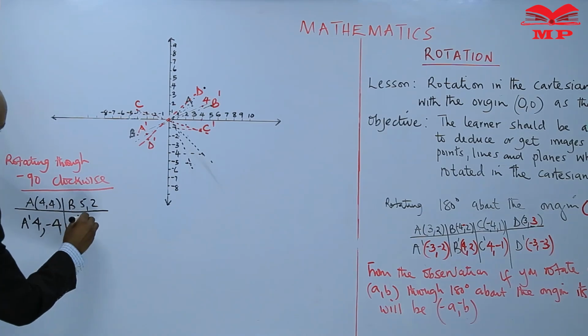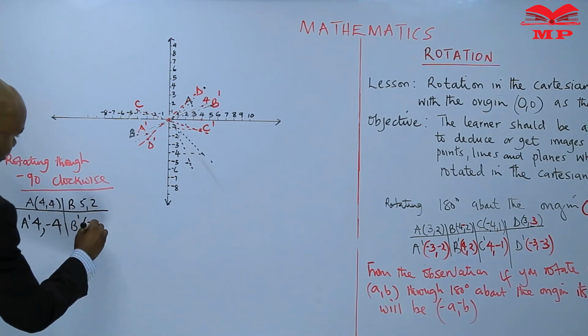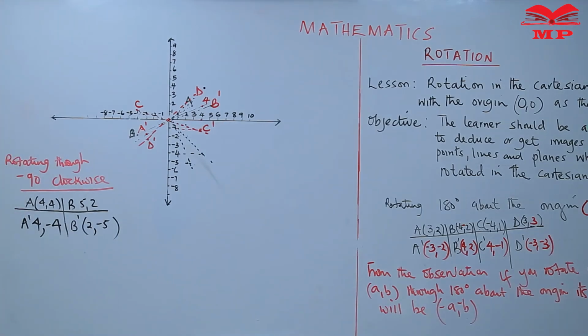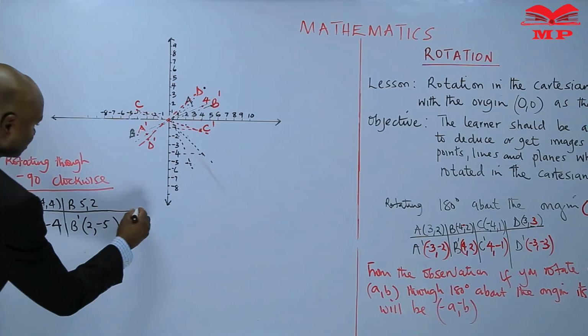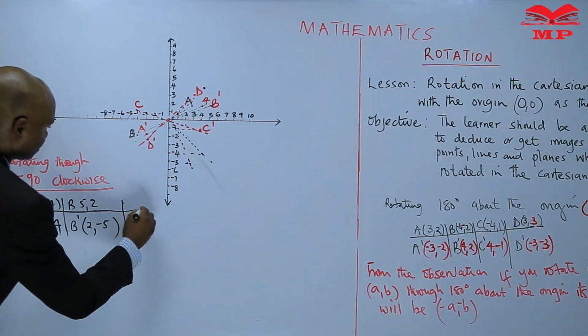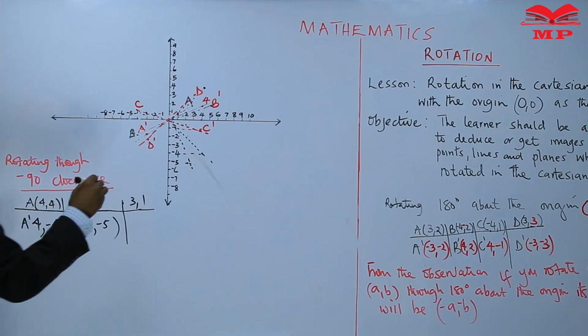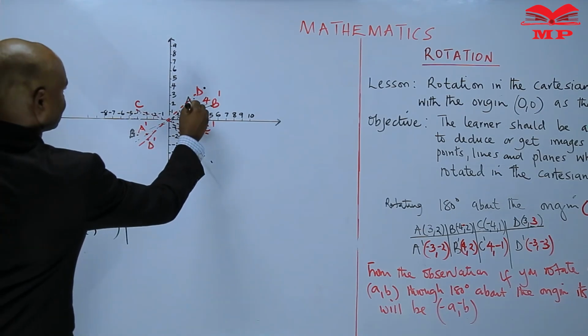B prime will become 2, -5. We can look at a third one to make the best conclusion. You can look at 3, 1.